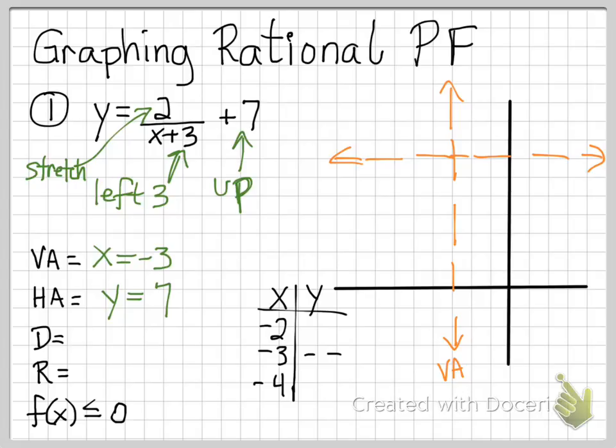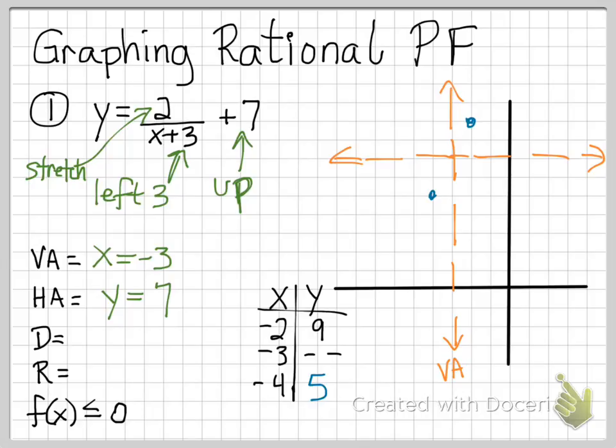If I plug in a -2, in the denominator, -2 plus 3 is 1. 2 divided by 1 is just 2, plus 7 gives us a 9. So at -2, I'm at 9. Okay? At -4, plug that in, I get a -1, which makes that a -2, plus 7 gives me 5. So it's going to be at 5.